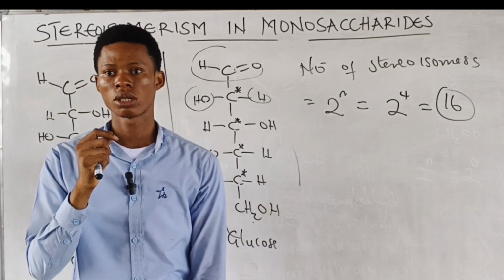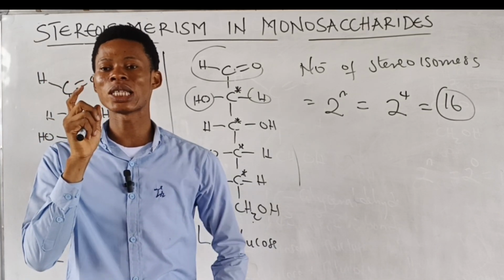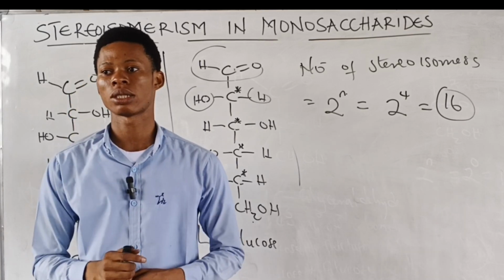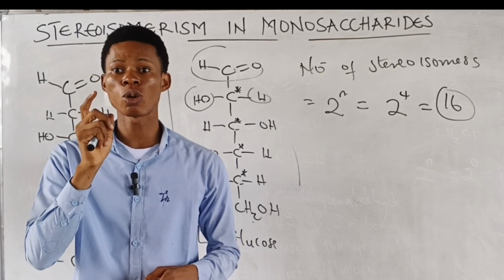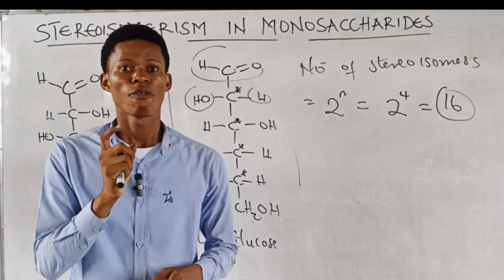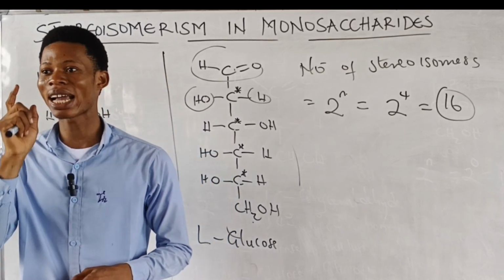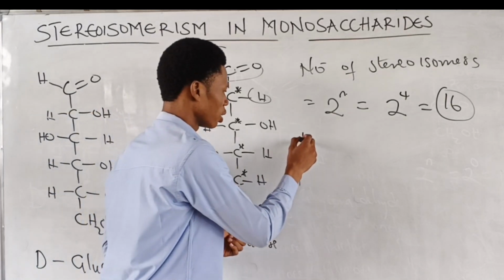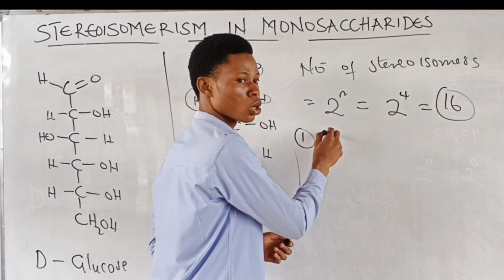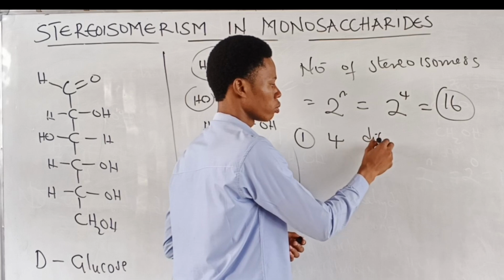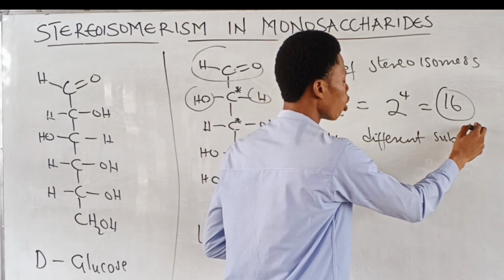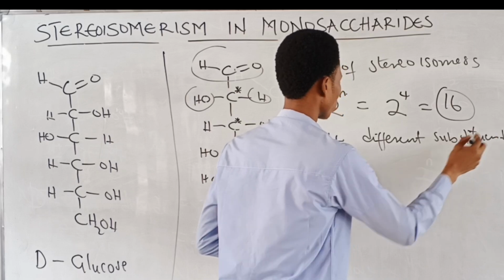Let me say something. For you to designate something as a chiral carbon, there are 2 criteria. Please listen attentively. Number 1, the carbon must have 4 different substituents.